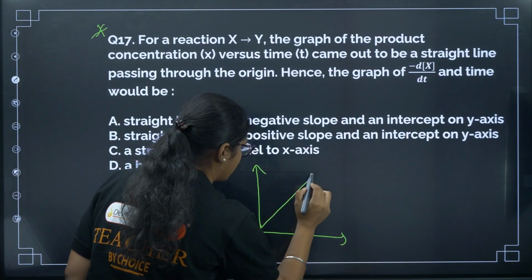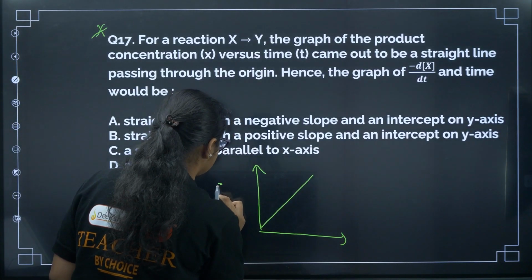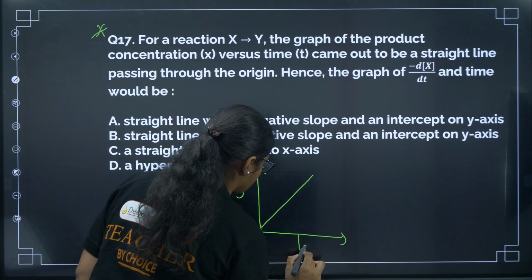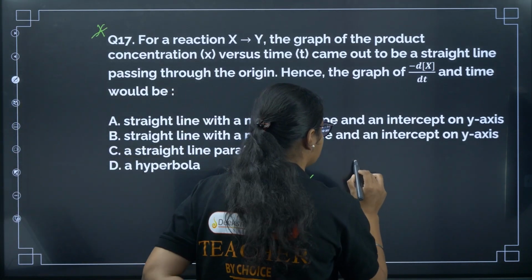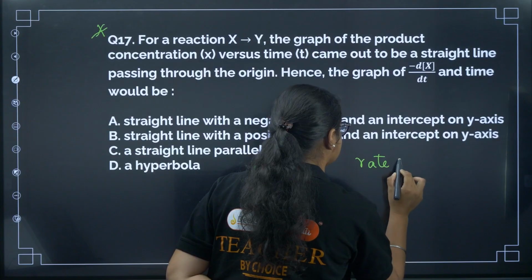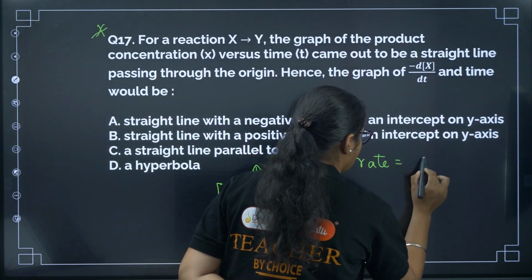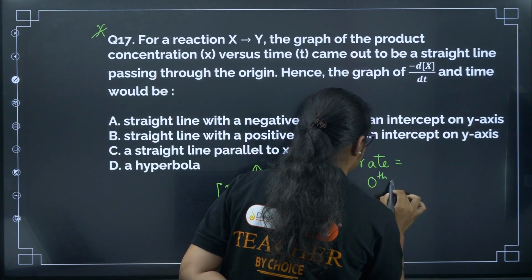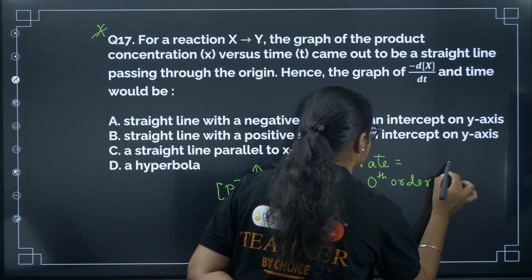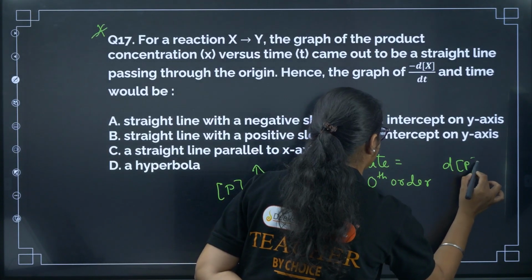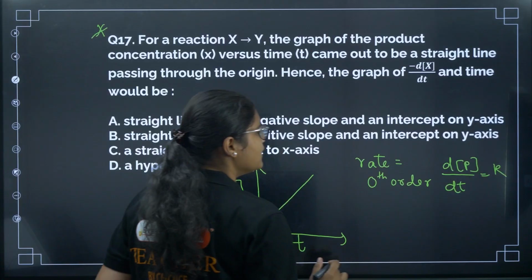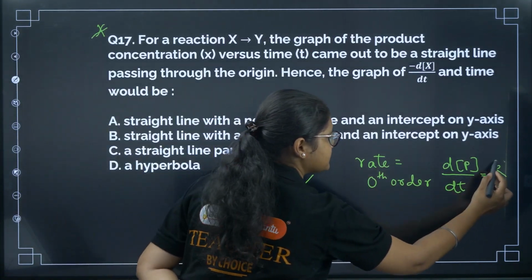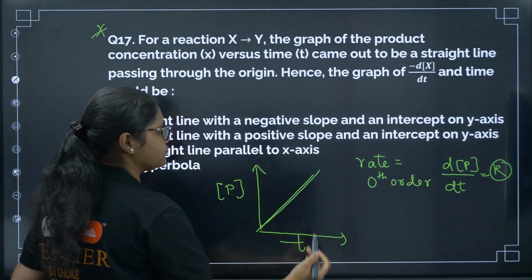If it is a straight line passing through the origin, product concentration divided by time. Now I can write rate for a zeroth order reaction as dP by dt is equal to k, right? So the slope is k and this is a straight line passing through the origin.